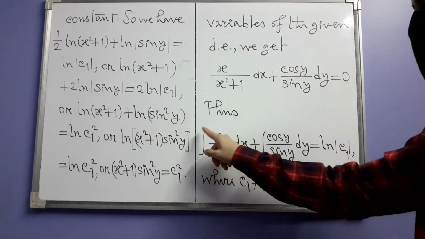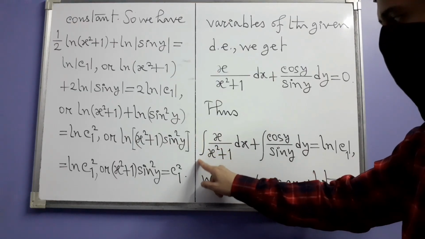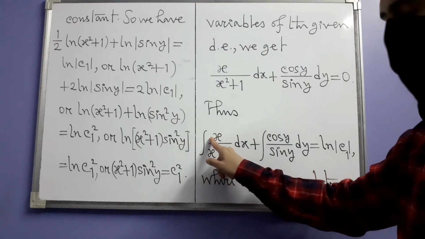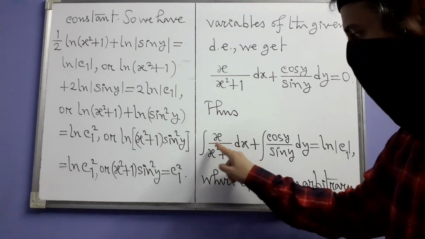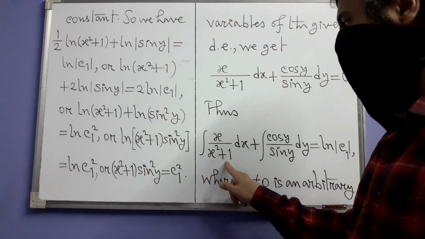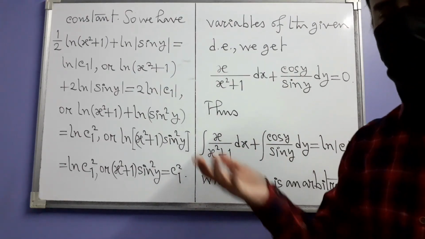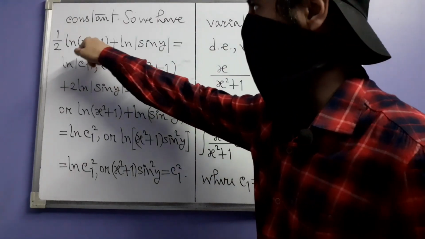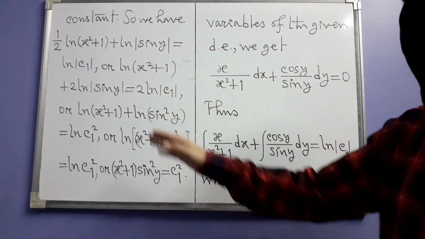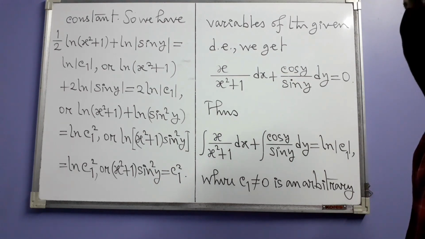Actually what happens is that you have to take 1 divided by 2 outside and multiply x by 2, so that the differential of x square plus 1 is what you get here, 2x dx, and then you do the integration, natural logarithm comes. Why are we not using absolute value here? That is because x square plus 1 is always positive.